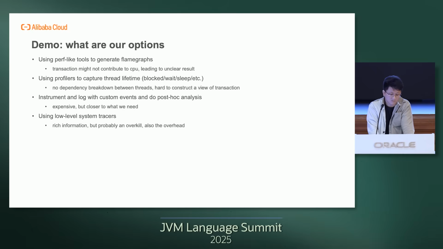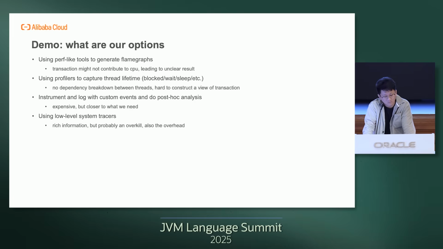Another method is probably to instrument and log manually in the source code and do post-hoc analysis. This is probably closer to what we need, but it's the most expensive approach. Another option is, of course, using low-level system tracers.